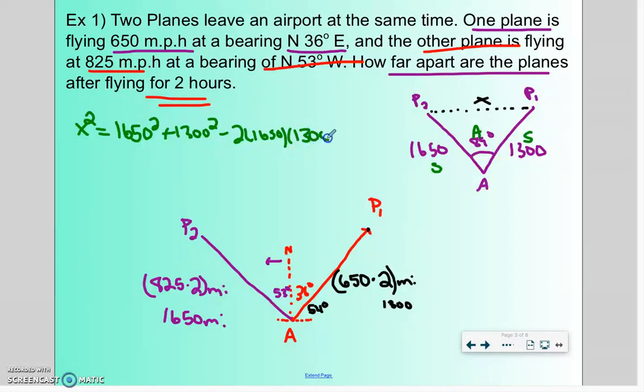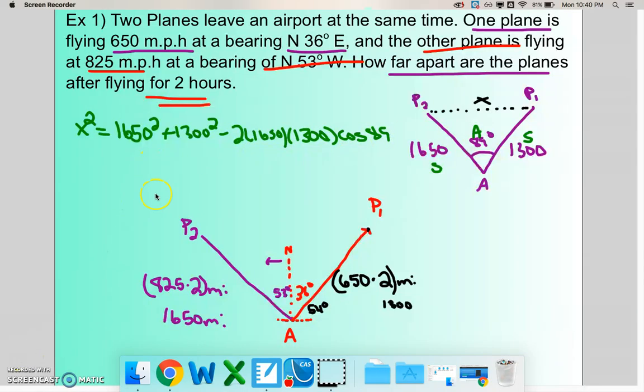times cosine of 89. So if we solve that, we take 1,650 squared plus 1,300 squared minus 2 times 1,650 times 1,300 cosine of 89, and then we take the square root of that value.